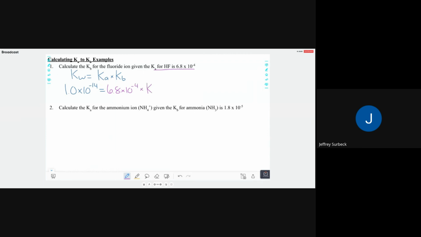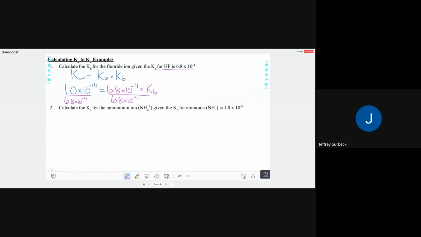Now, how would we get Kb? Very good. We're going to divide by this 6.8 times 10 to the negative 4th on each side. So we take 1 times 10 to the negative 14th, divided by 6.8 times 10 to the negative 4th.